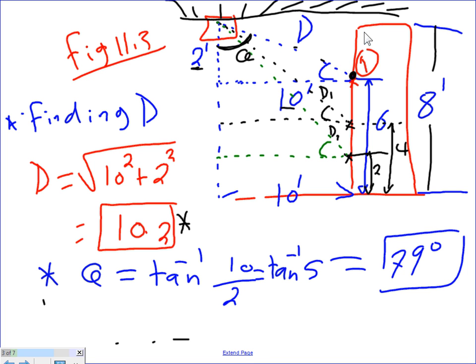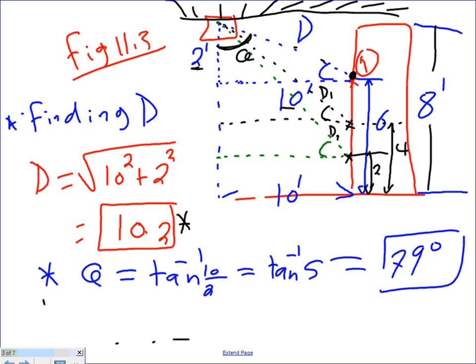One more time. To find the Q, guys, I need to take the opposite over the adjacent, right? The opposite is 10 divided by the adjacent 2. That will give me 5. Tan inverse 5 is what? Tan inverse of 10 over 2 equals tan inverse 5 equals 79.